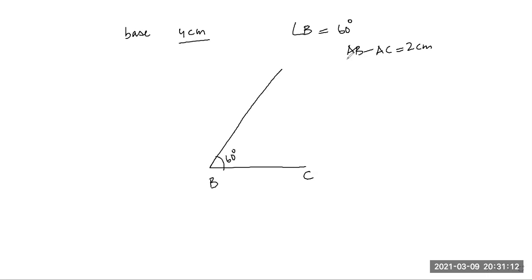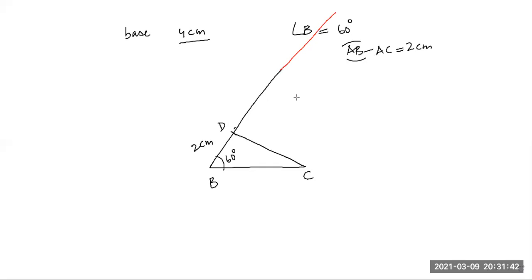I know AB, the side of the triangle on the arm of base angle B, would be bigger. So now you cut AB minus AC equal to BD, that is 2 centimeter. On this, join DC. And after joining DC, students, draw the perpendicular bisector of DC.